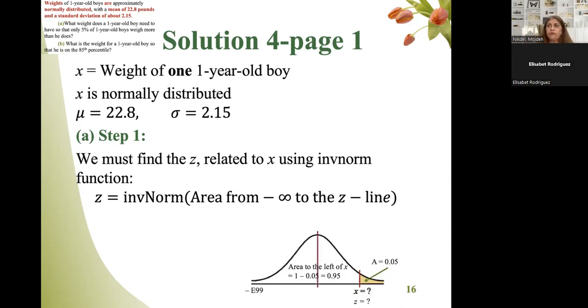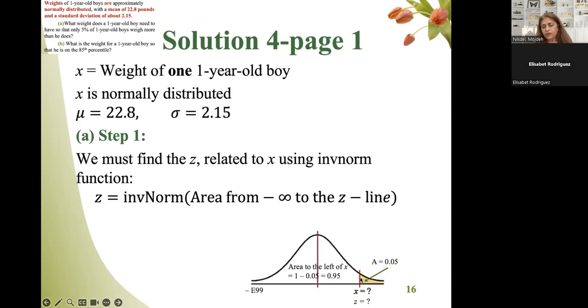So like the previous section, the area of the left region plus the area of the yellow region is equal to 1. I need the area of the left region because inverse norm is the area from -infinity to the Z line.